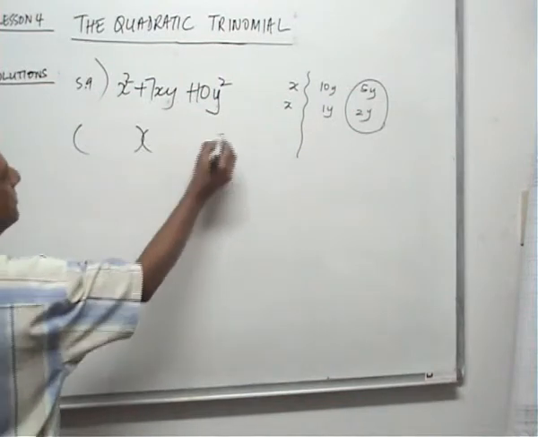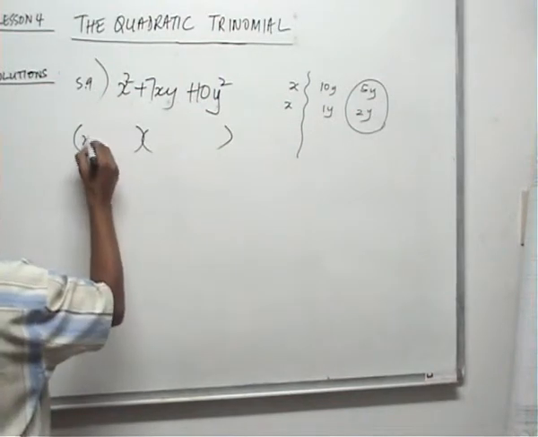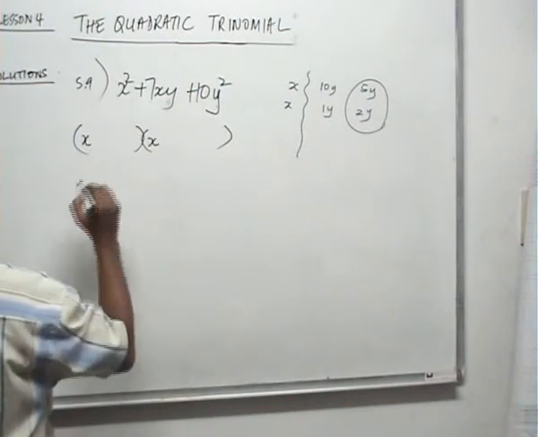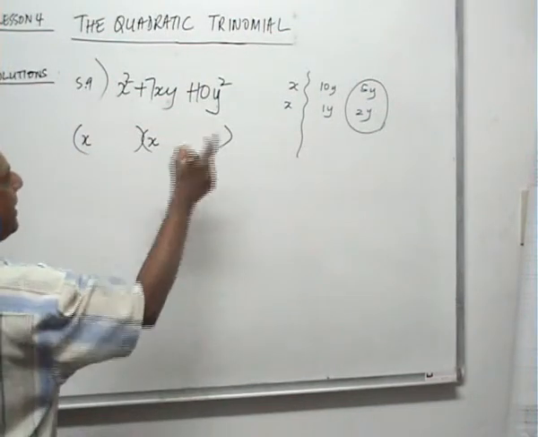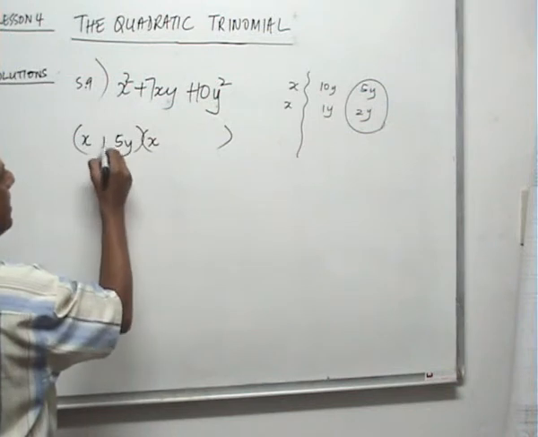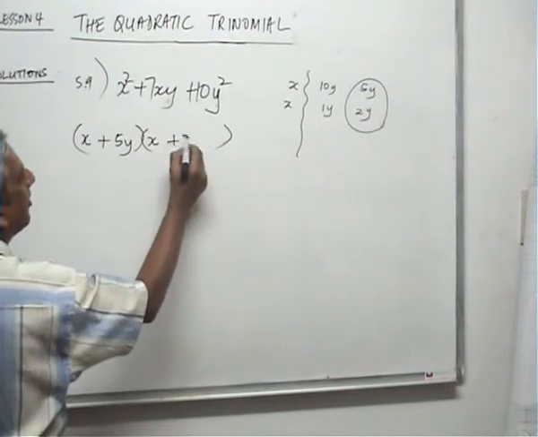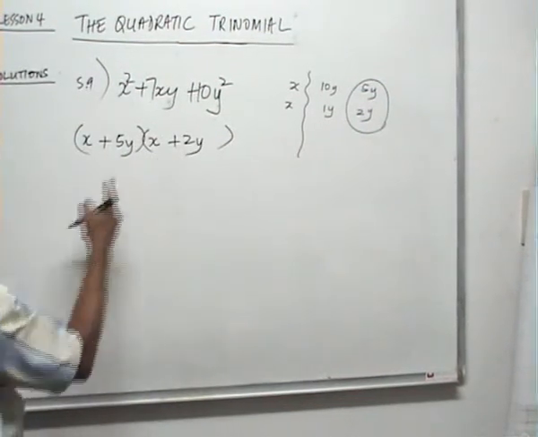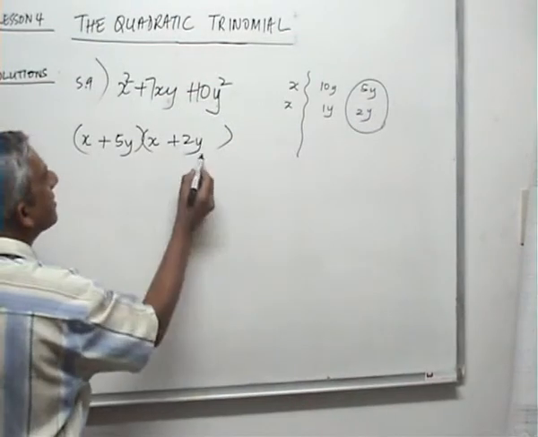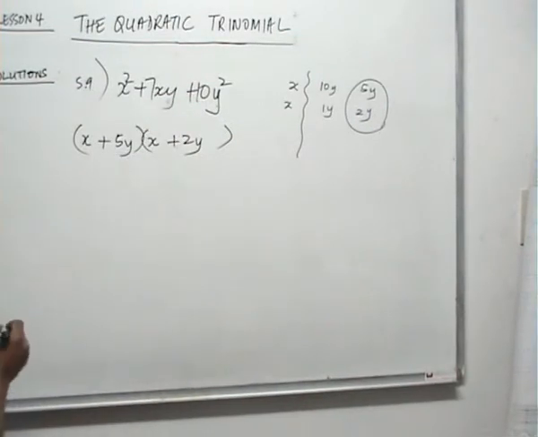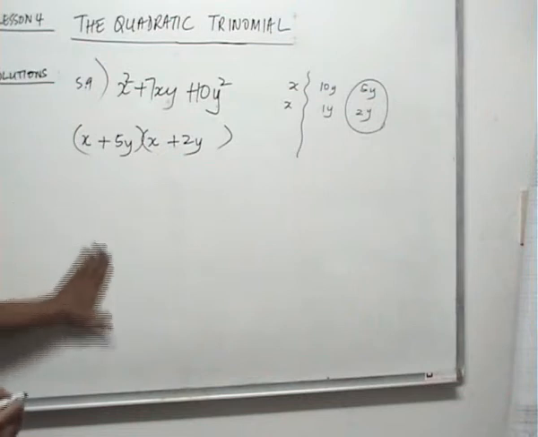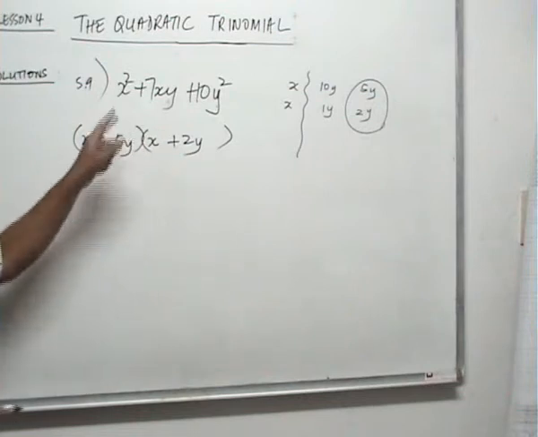So, there's your x and there's your x. Right? And then you got what? 5y here and you got plus 2y there. And if you do products on this, you'll see that this will give you that. Alright? And you must do products in your own time and make sure that these answers are right.